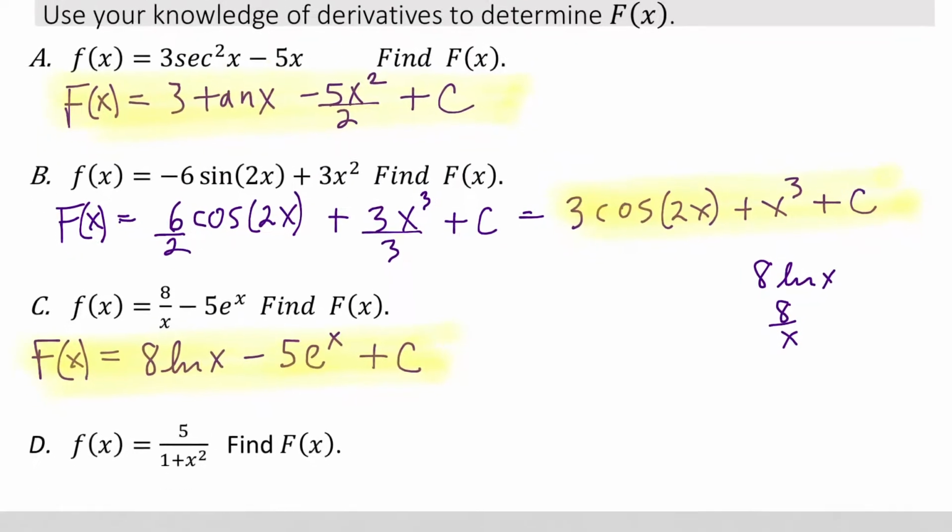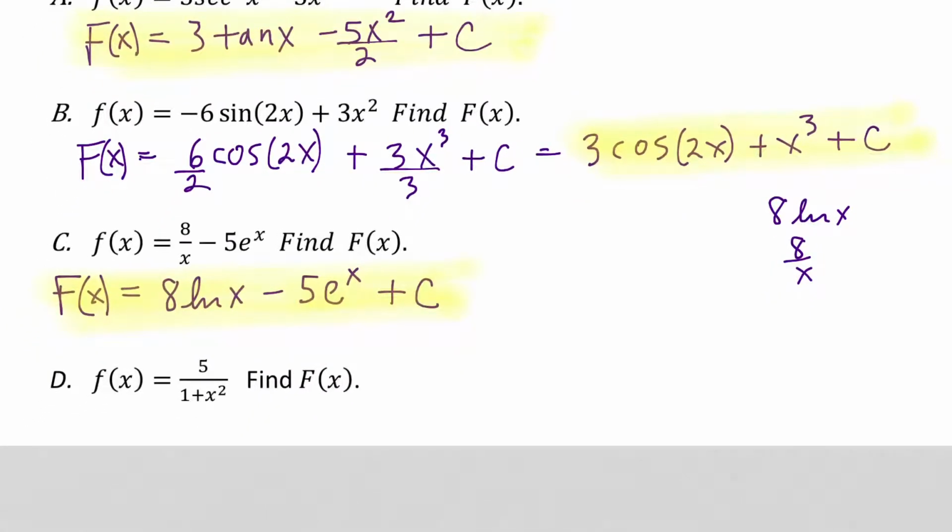All right, in this last one here, this form of the function, if you see that 1 plus x squared in the denominator there, we've seen that when we take the derivative of the inverse tangent of x, we end up with this form, 1 divided by 1 plus x squared.